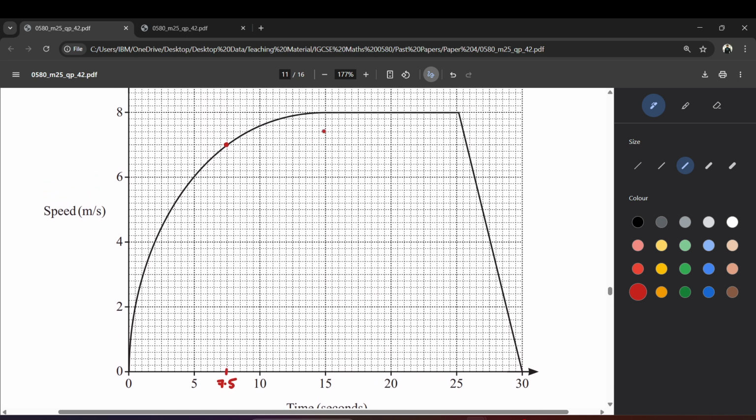So if I draw a straight line from here to 15, you can see that this is a trapezium. And we know that if we work out the area under the graph, that gives us the distance traveled. The area under the speed time graph tells us the distance that was covered within this region.